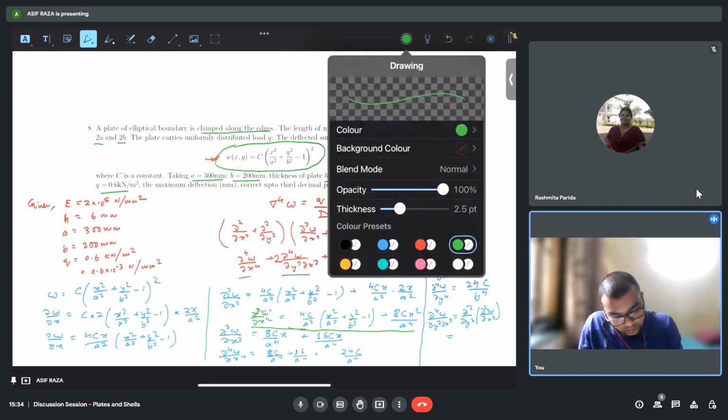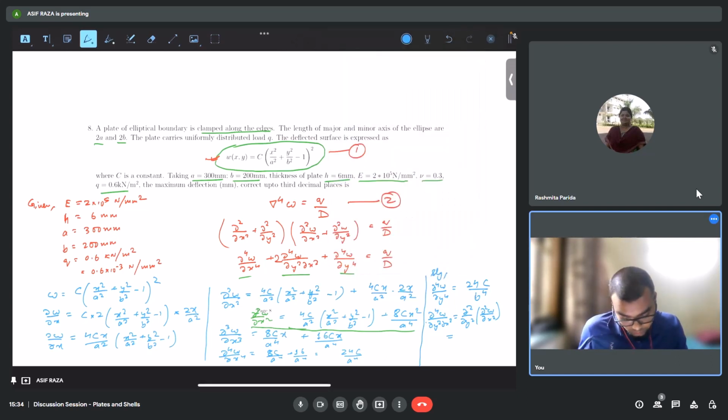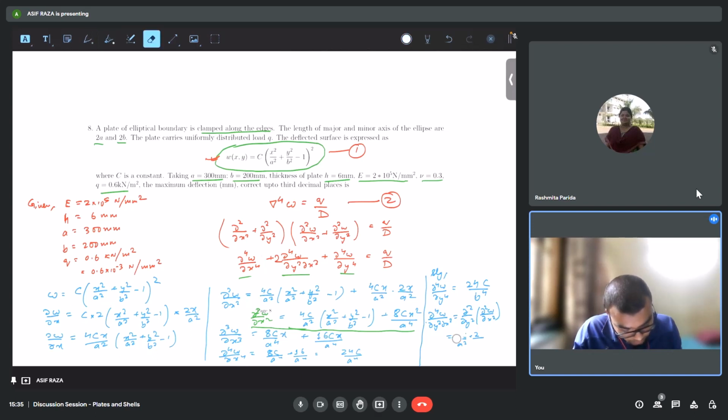Let's do it step by step. The first derivative with respect to y will give me 8c by a square b square times y, and finally taking the derivative will give me 8c by a square b square.